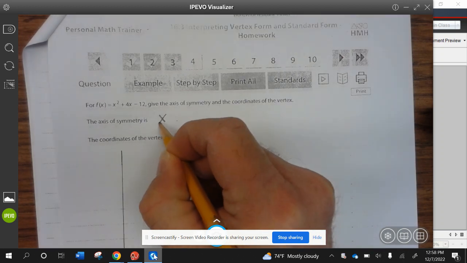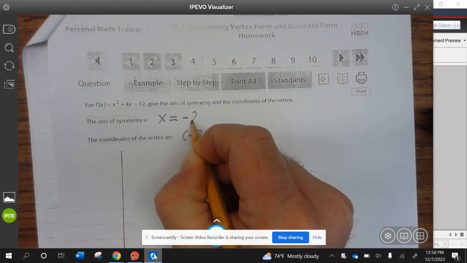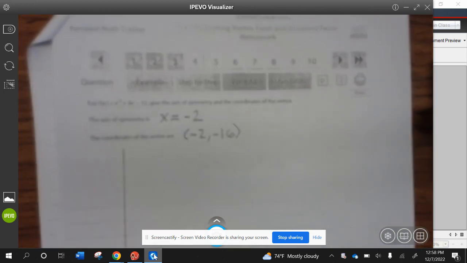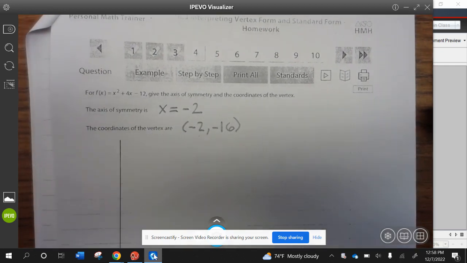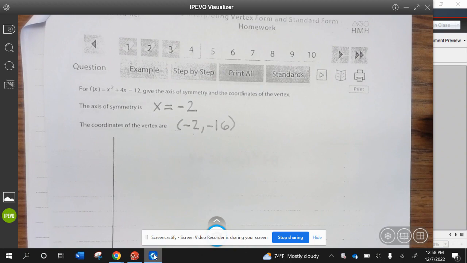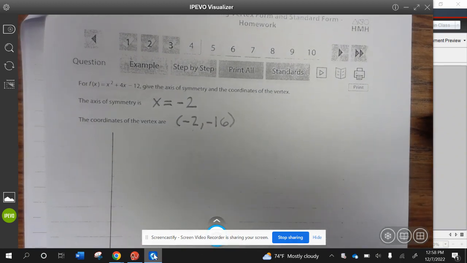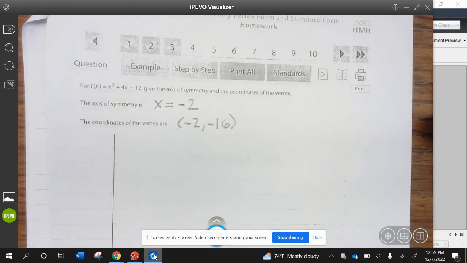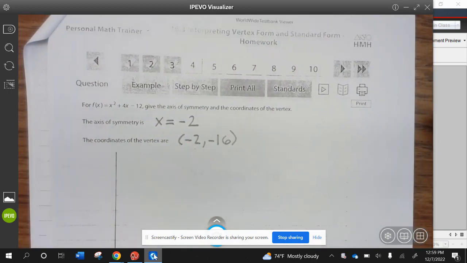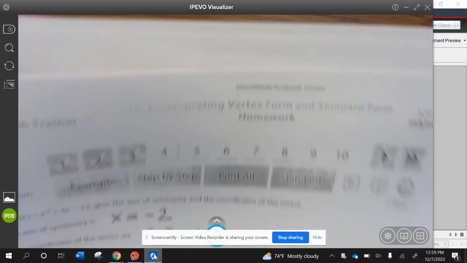So the axis of symmetry is x equals -2. All right, let's take a look at the next example.